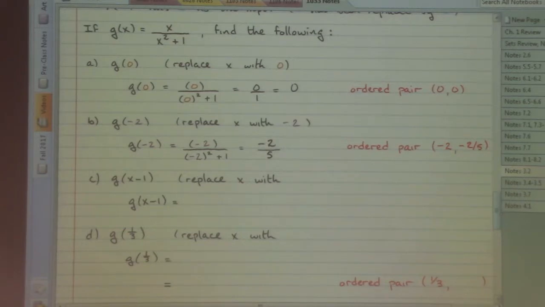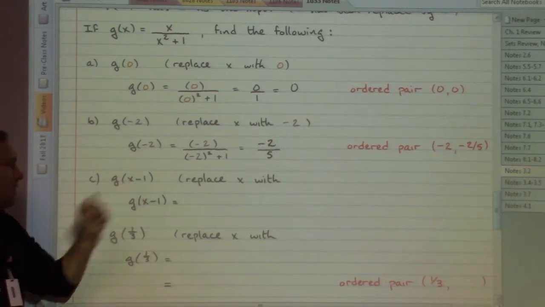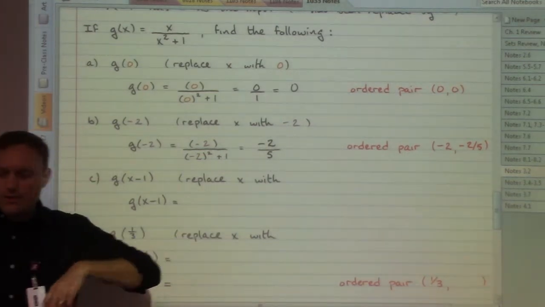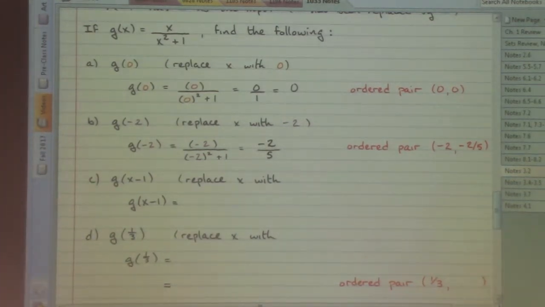In part C, g of x minus 1. Well, now instead of x, they're actually telling us we're going to have a different expression, not a number, but a different expression. So we're going to be replacing the x with an x minus 1. My equation says up on top I have an x.